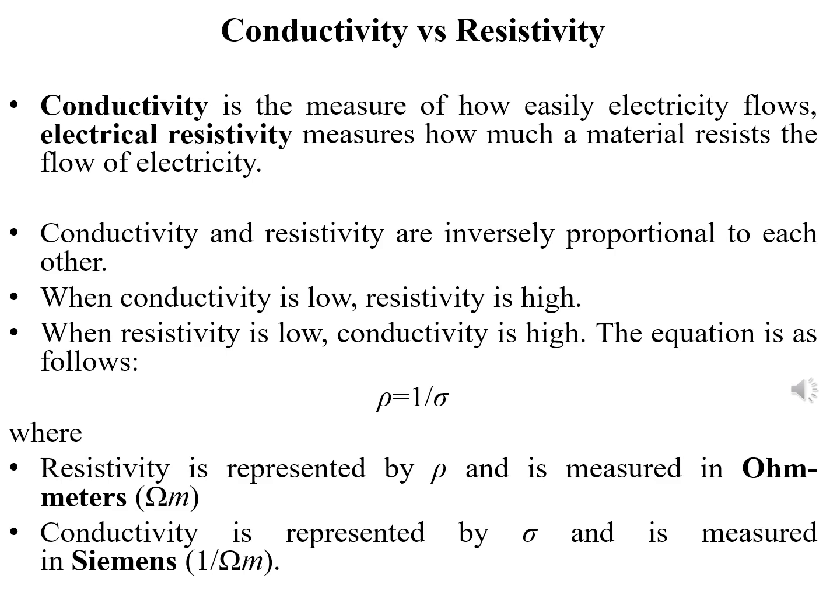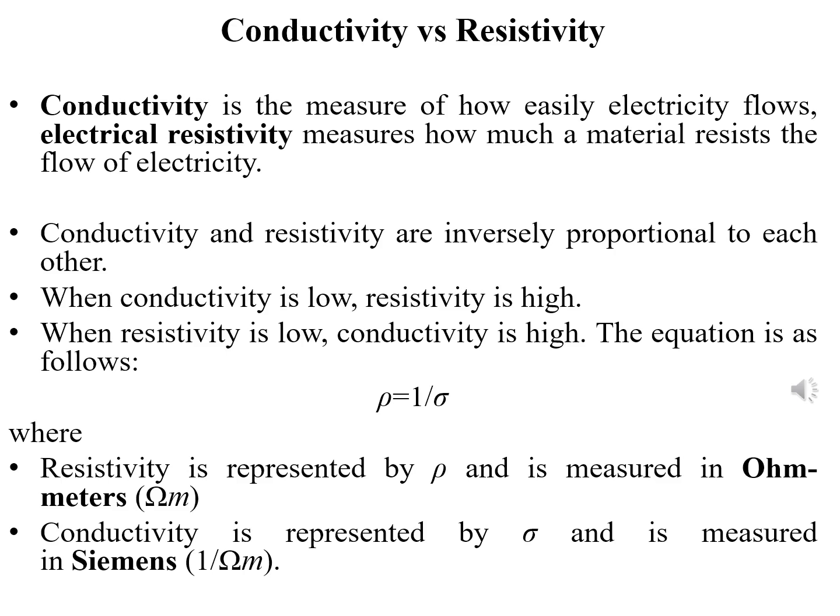We can explain this by this equation, that is rho is equal to 1 over sigma. So resistivity is inversely proportional to conductivity, and similarly conductivity is inversely proportional to resistivity.